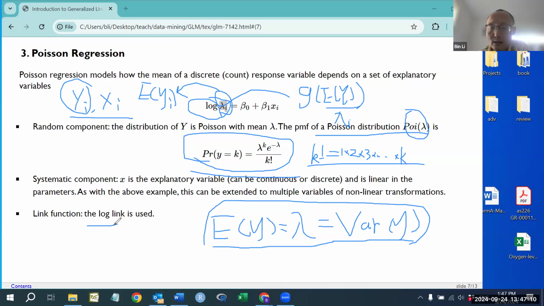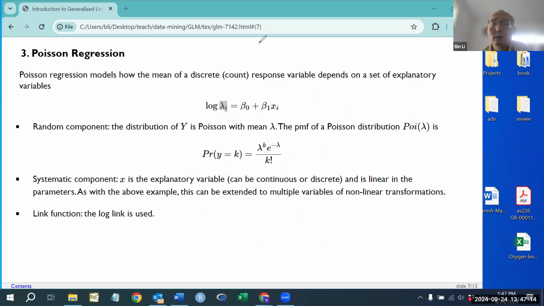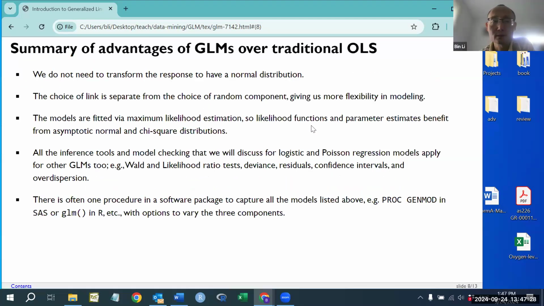So these are three very popular GLM models. Okay, let's see some examples. Oh, before we see the examples, this is the summary of the advantages of GLM over the traditional OLS.